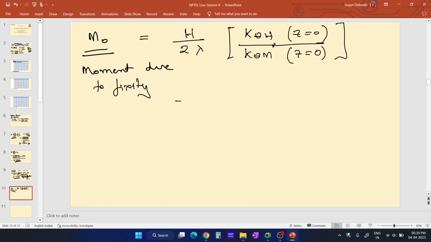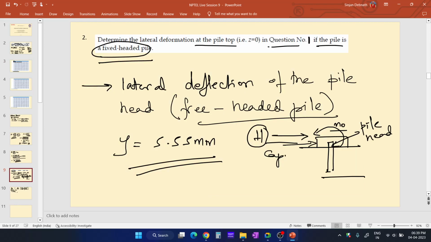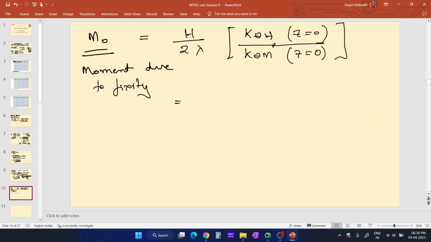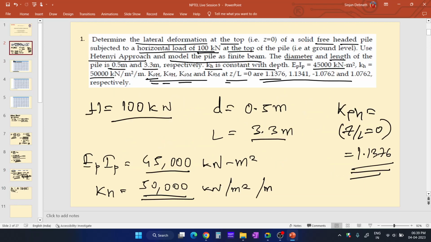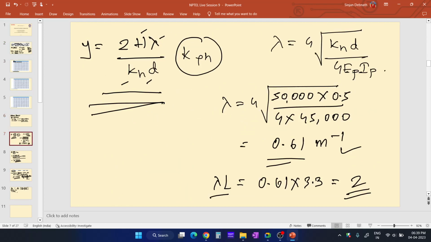We need to find out first the value of k theta h and k theta m for z equal to 0, and we know the lambda l of this pile. Lambda l we have found out already, it is around 2.